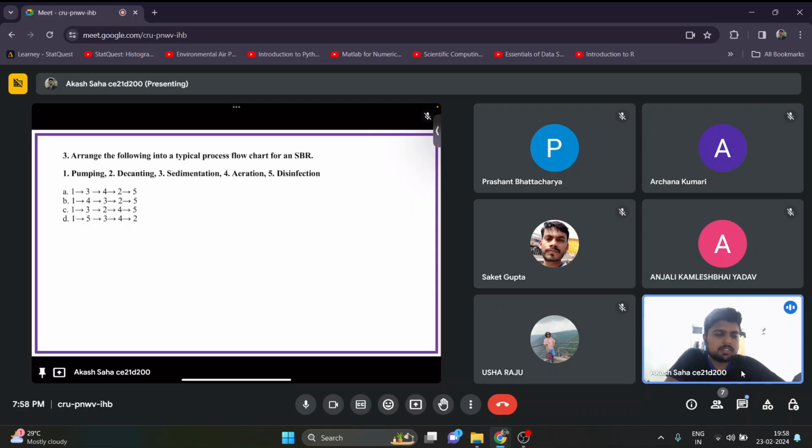Please try this question. This is much simpler. It is asking about a typical flowchart of an SBR, sequential batch reactor. So we have pumping, decanting, sedimentation, aeration, and disinfection. So what is the correct order? Please let me know the correct order in the chat box.